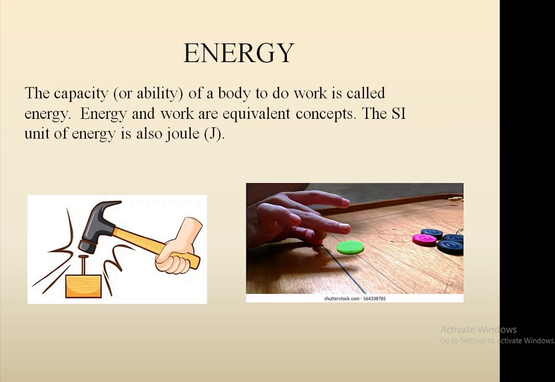When you strike with the hammer, it gives its energy to the nail and the nail penetrates into the wood. And when the striker hits the carom coin, it transfers the energy and makes the carom coin move. So the object which does the work loses energy, and at the same time, the object on which the work is done gains energy.